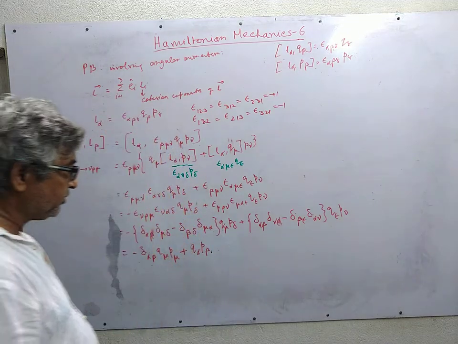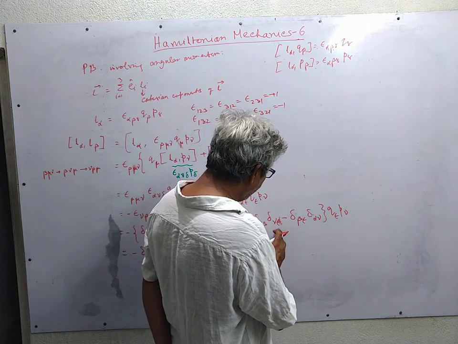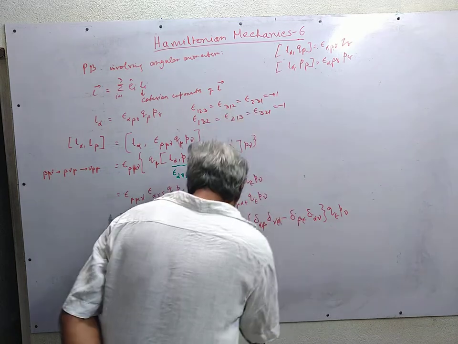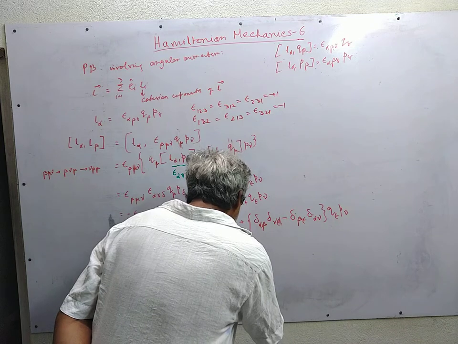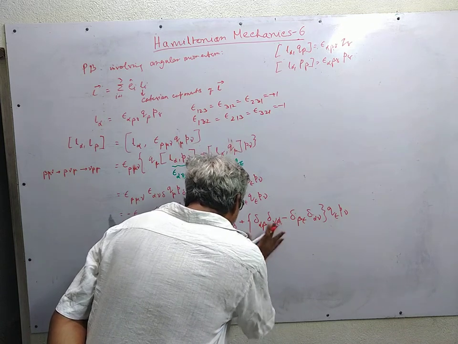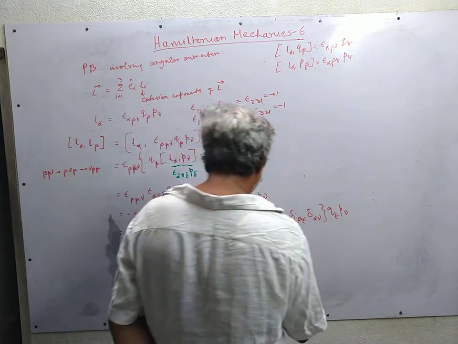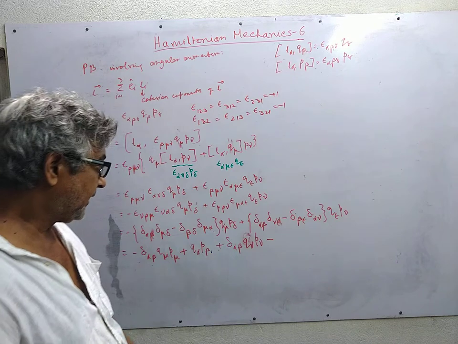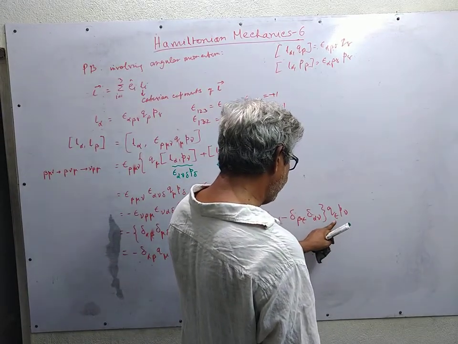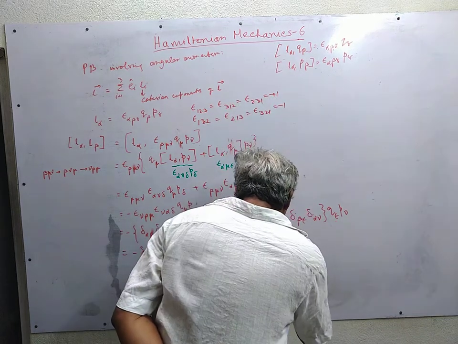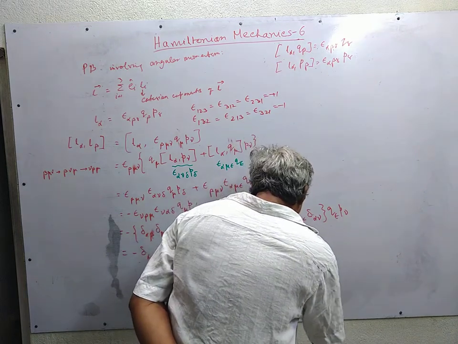Coming to this term again, we see that one of these sums will be removed, and we have delta of alpha beta q nu p nu, and for the second term epsilon will be replaced by beta, so this is q beta, and nu will be replaced by alpha, p alpha.